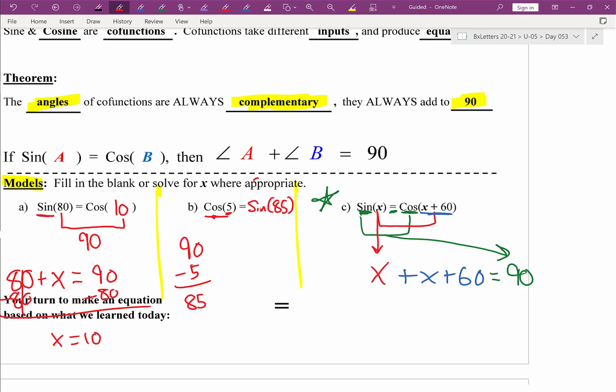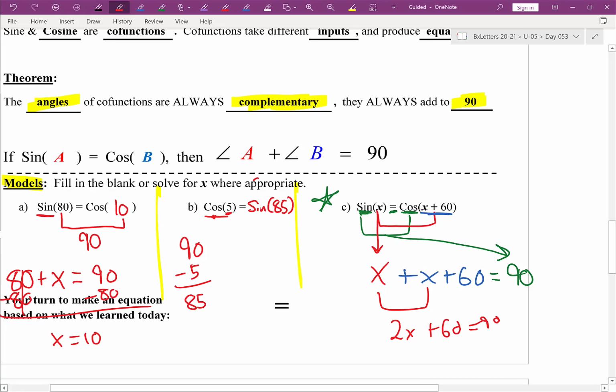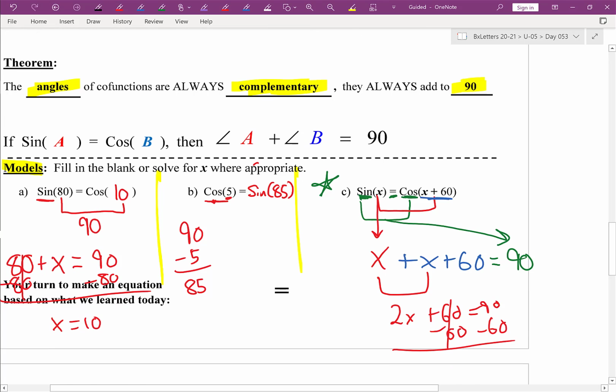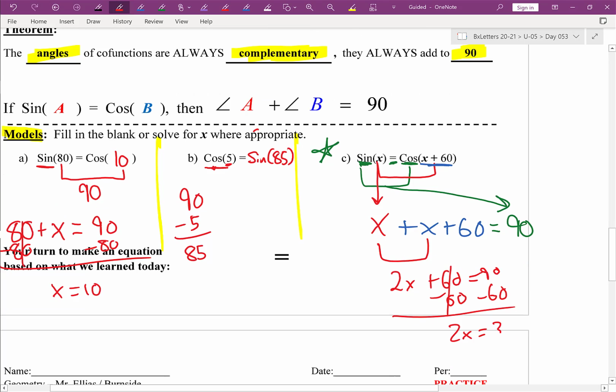You could say, well, x and x is 2x, drop down that 60 equals 90, subtract the 60, you're going to get 2x equals 30, divide both sides by 2, x equals 15. That doesn't mean the angle is 15, it means that x is 15. So if we come back here, what are these angles that go into sine and what are these angles that go into cosine?